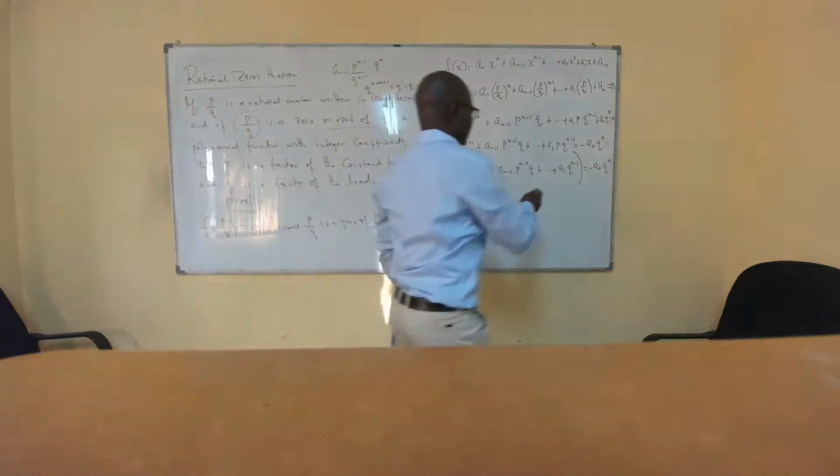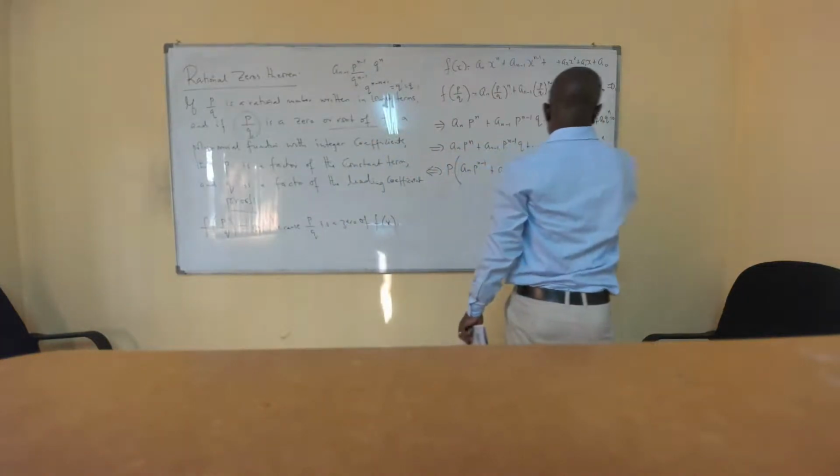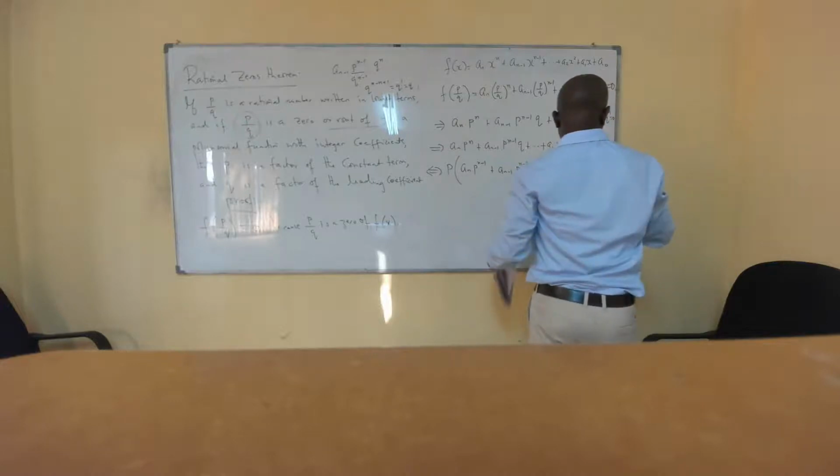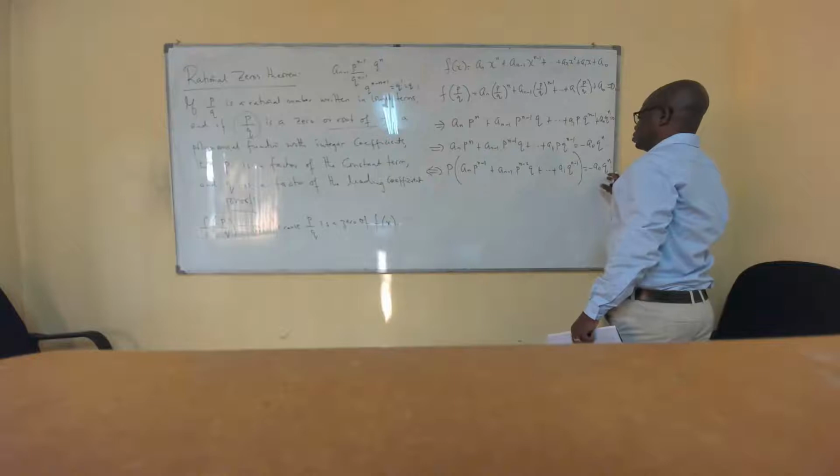So, this is saying this quantity is equal to p times this, where this p does not have any common factor with q.